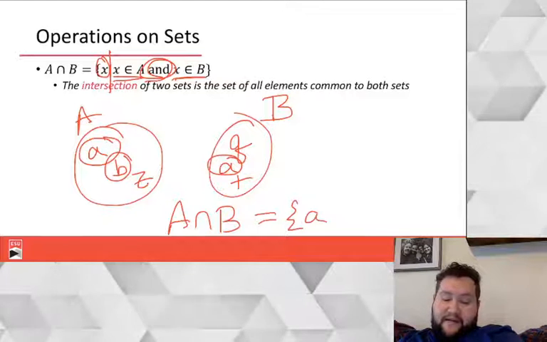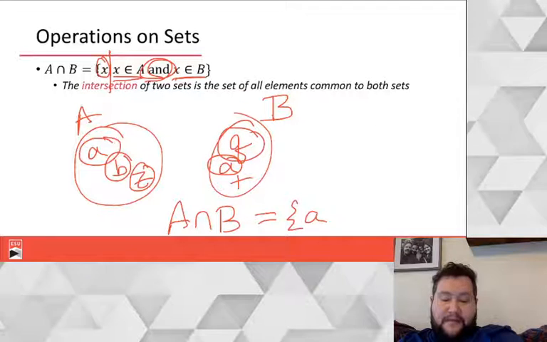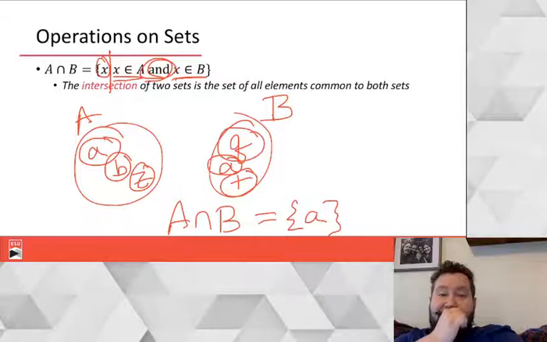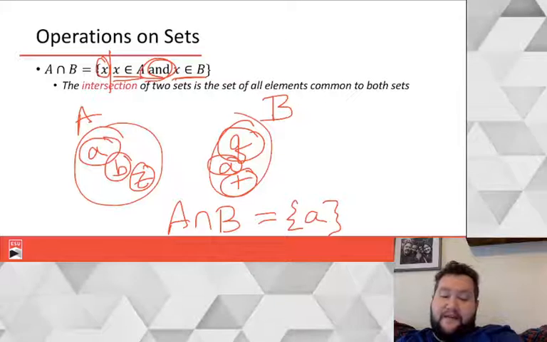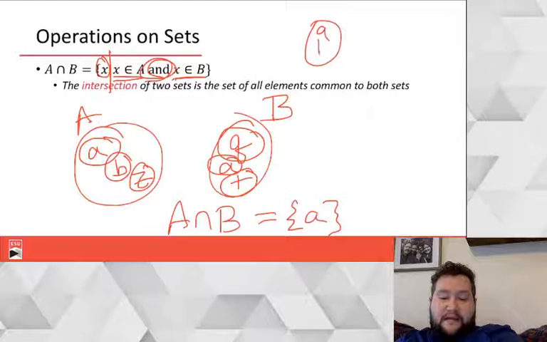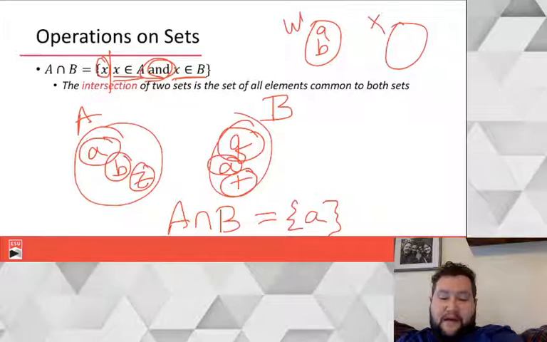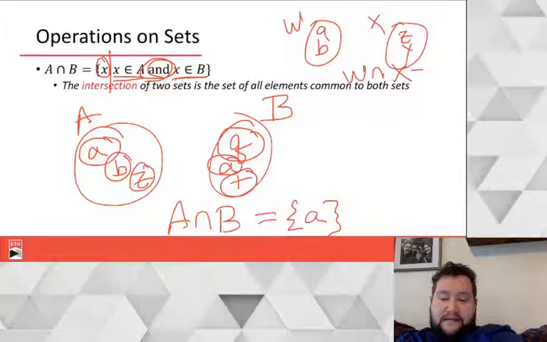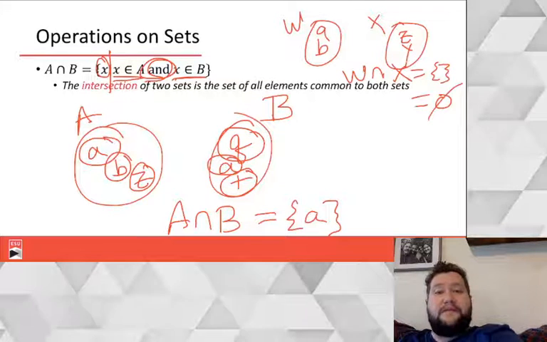There's a Z here, there's no Z there. A Q here, but no Q in A, and a T in B, but not in A. So that means A intersect B, the only item common to both, is A. And now you can start to see why we might want an empty set notation, because if we had W and X, with A, B and Z, Y, W intersect X is the empty set. There are no elements common to both.